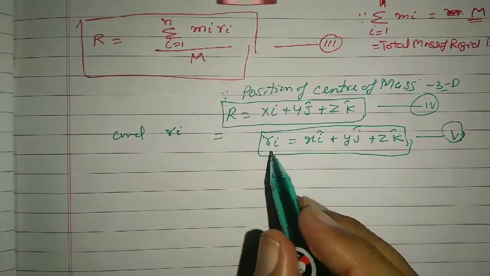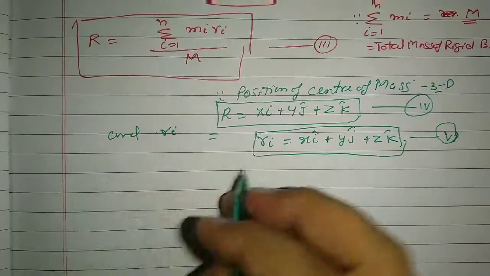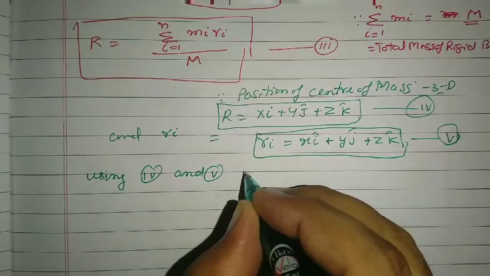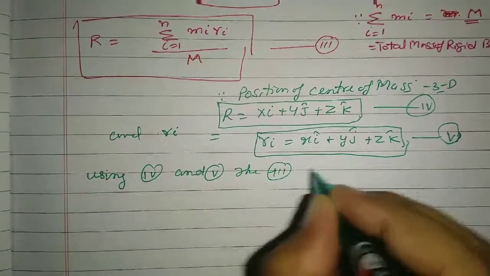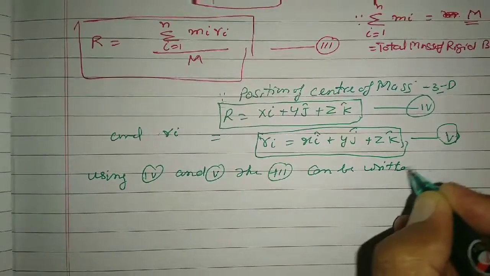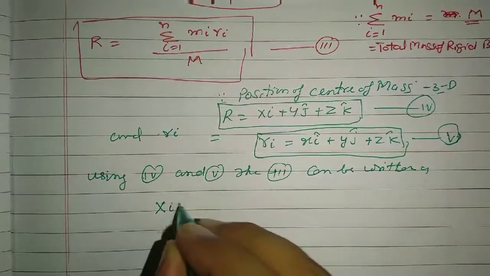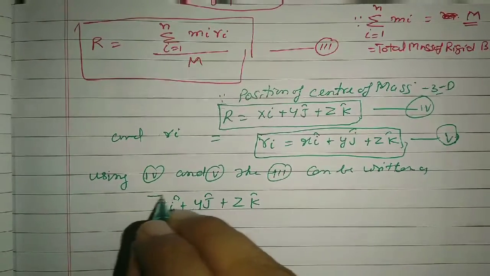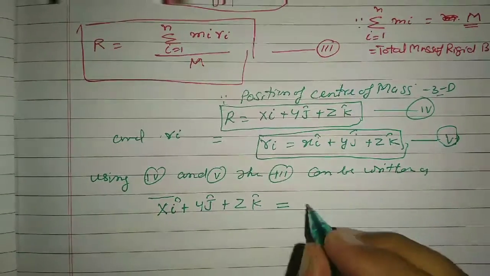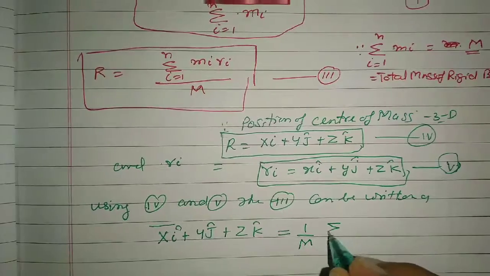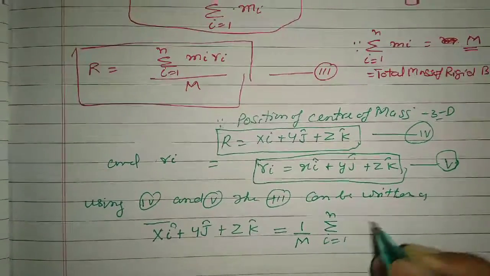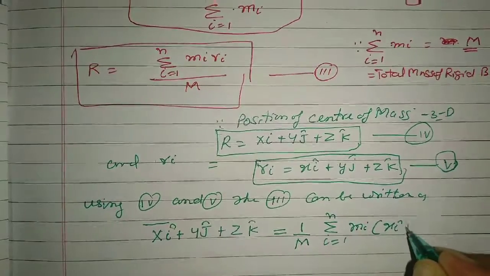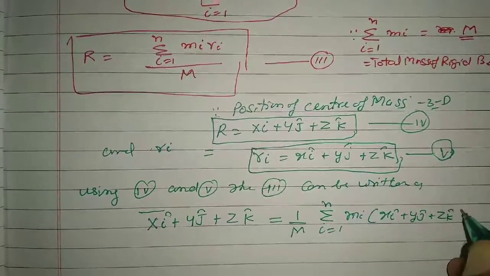Now putting the values of R and ri in the above equation, using equation 4 and equation 5, equation 3 can be written as xi plus yj plus zk is equal to 1 by M summation i is equal to 1 to n mi times (xi i plus yi j plus zi k).